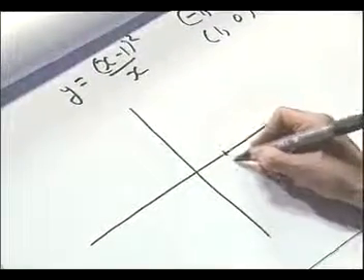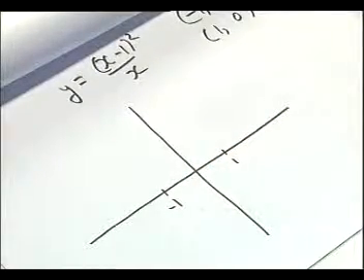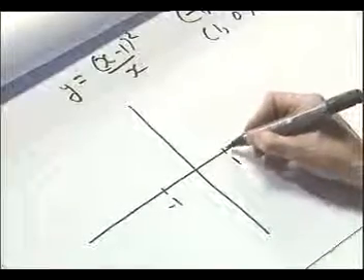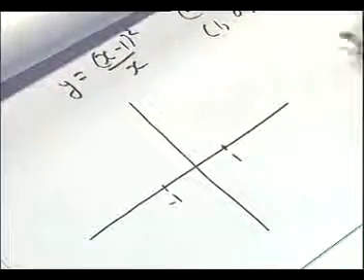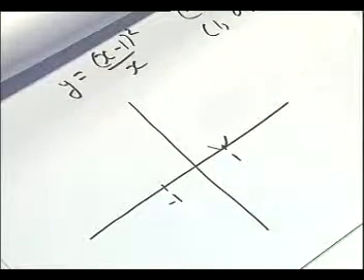So some axes. Let's mark the point 1 and the point minus 1, those on the x-axis. Now (1, 0) is here, and we know it's a minimum, so we know it looks something like that there.